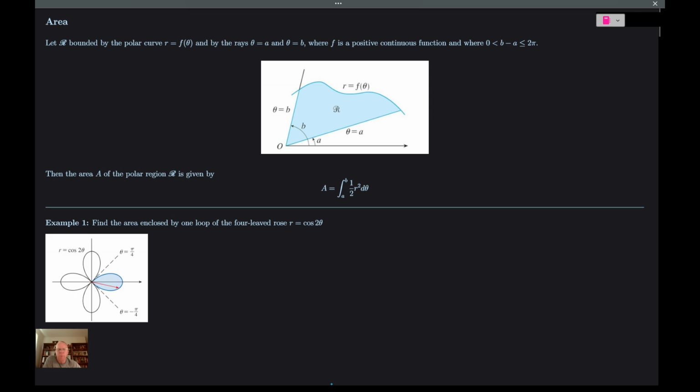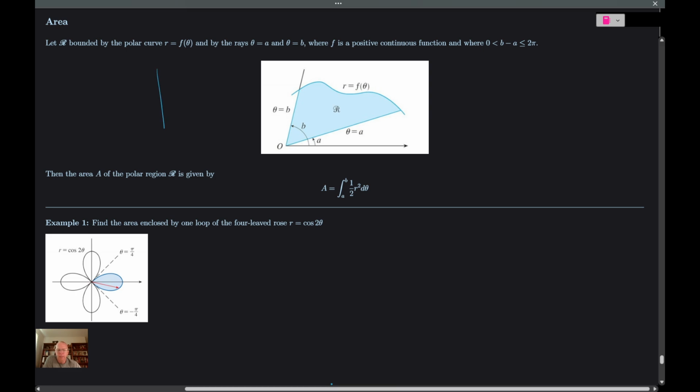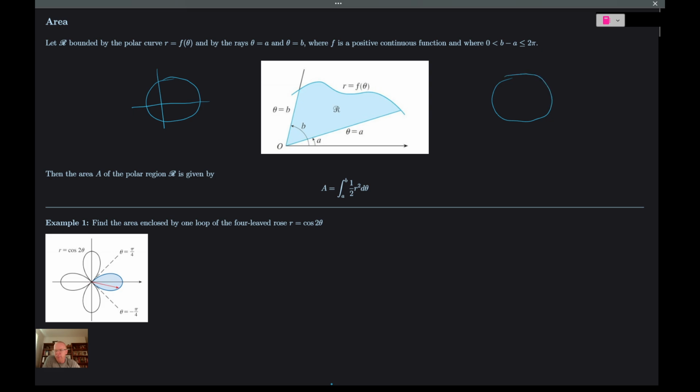Now, where this comes from: if you have a circle and you want to find the area of some sector of the circle, so we go from the center, we're cutting off some part of this circle, then the area of that sector is 1/2 r squared theta.